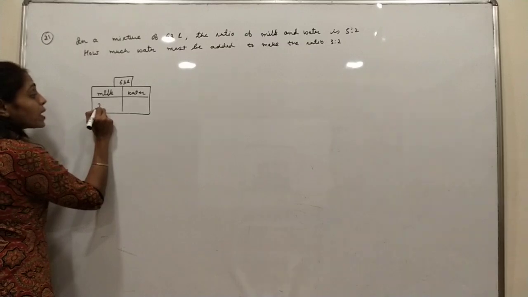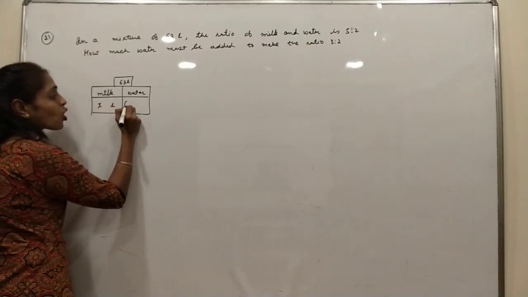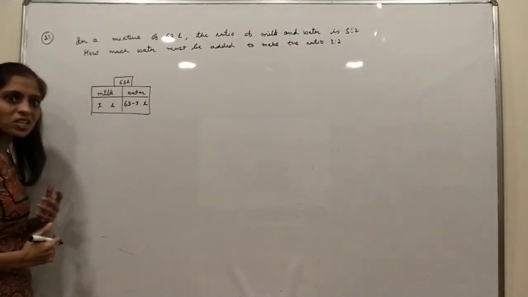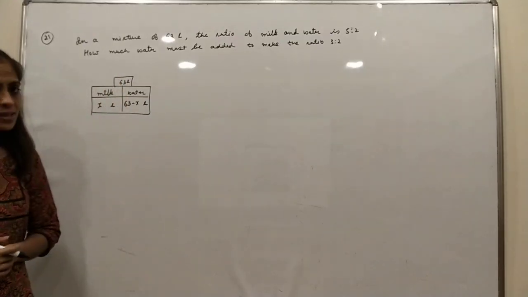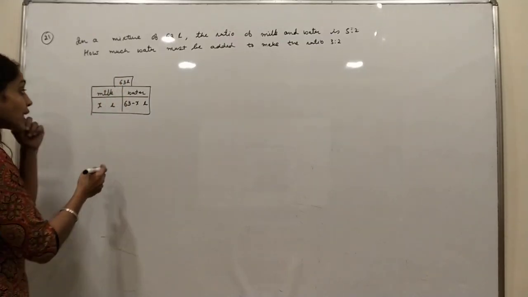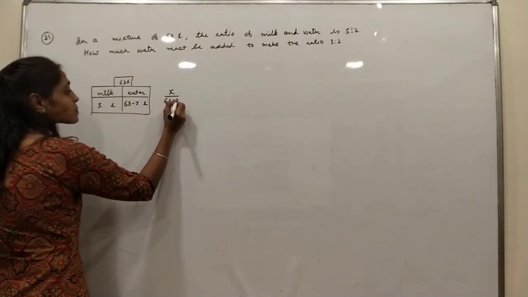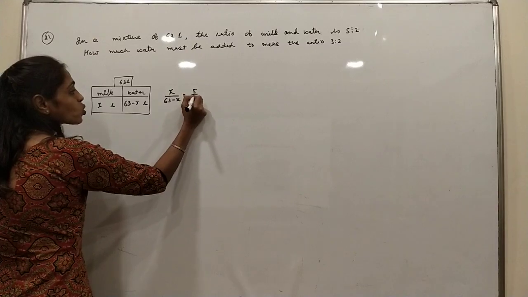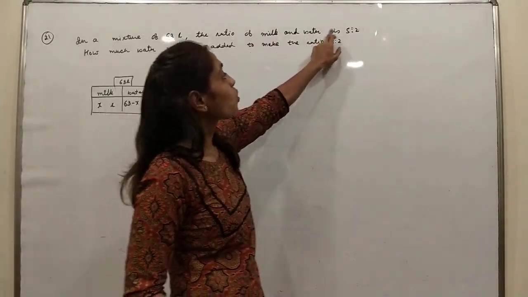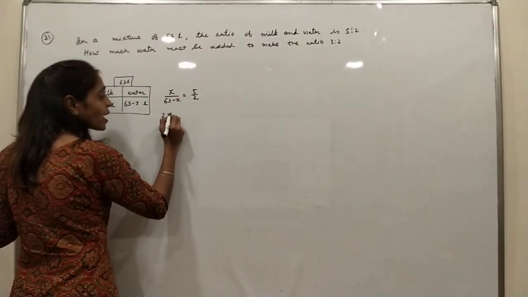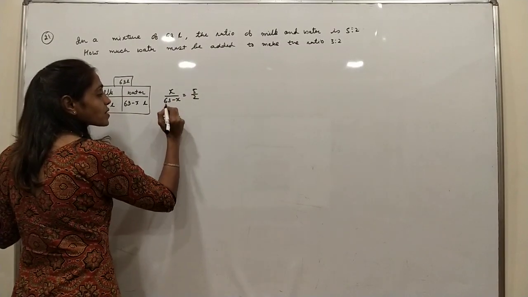Let milk is x liter, the water is 63 minus x liter, because the total mixture of water and milk is 63 liter. And it is said that the ratio of milk is to water is 5:2. It is given milk is to water is 5:2 initially. So 2x is equal to 63 into 5.